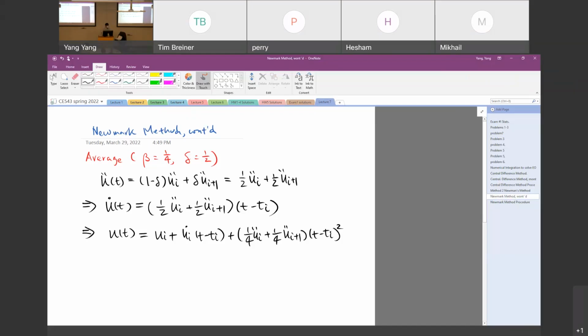So if we select a value for beta or delta, we can express these quantities.